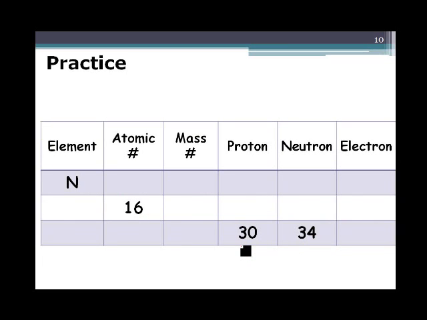So let's practice. The element nitrogen, what's its atomic number? Nitrogen's atomic number is 7.